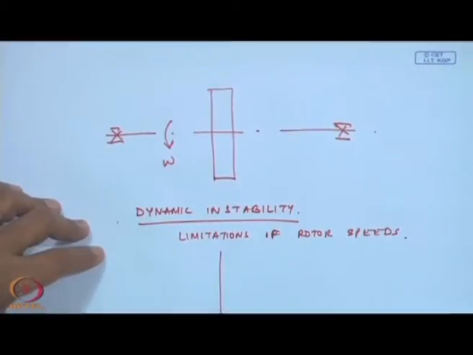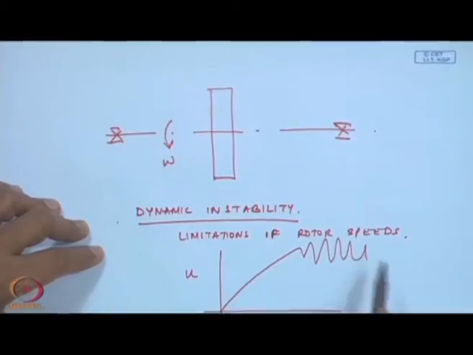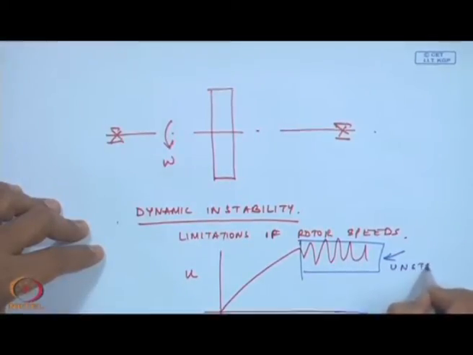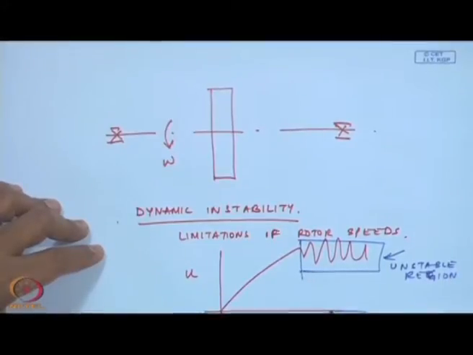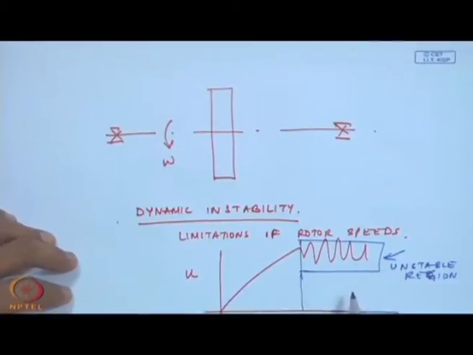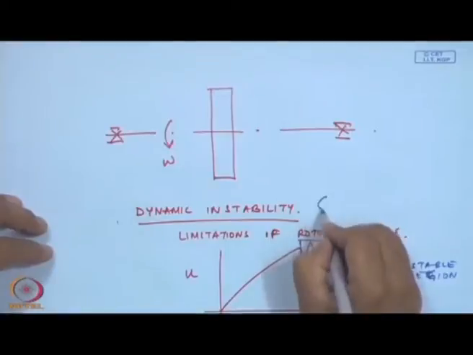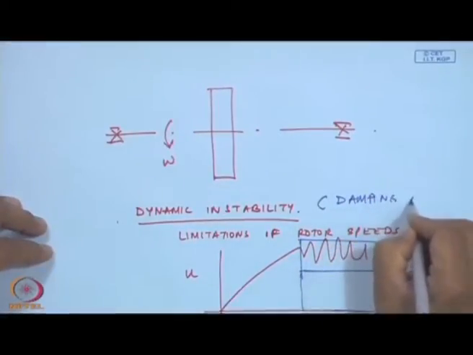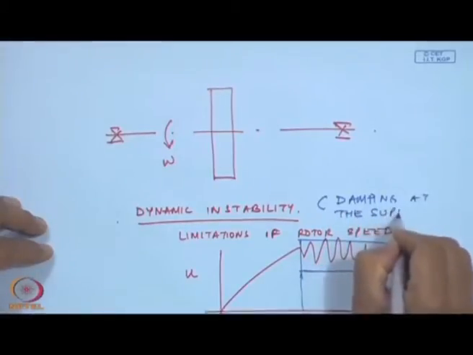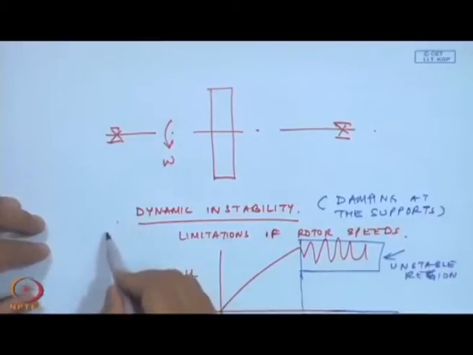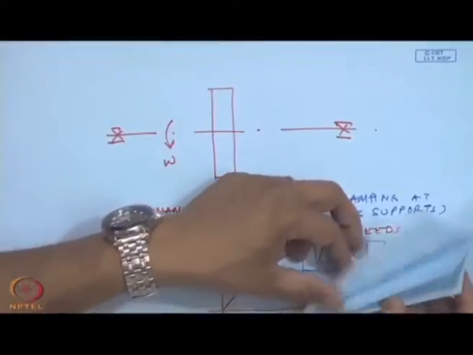In particular, if you plot omega against the amplitude at certain speeds, you see that if you increase the speed, there is a critical speed beyond which we should not operate, or if we have to operate, how this can be controlled. I will just tell you right now, by controlling the damping at the supports, we can control this dynamic instability in rotor systems. And there are many ways to suppress this dynamic instability.